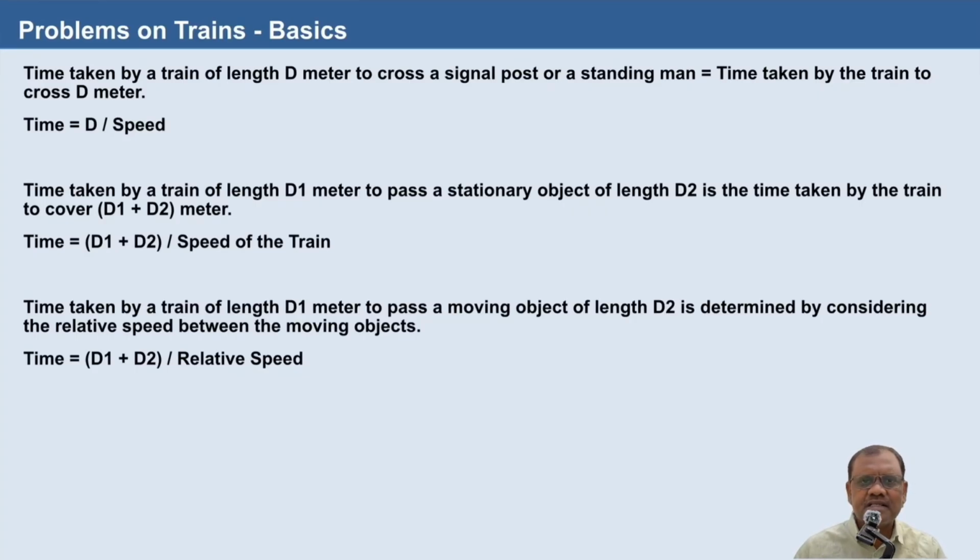The distances we have to cover are summed, and we divide by the relative speed. That gives the time taken to cross that moving object.